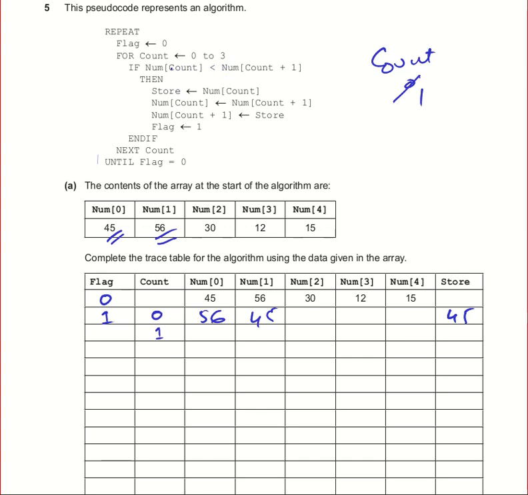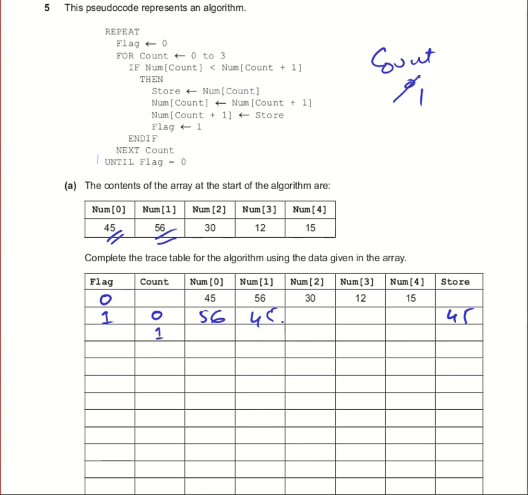It will continue, and if num count, which is 1, so the value stored at num 1 is being compared. So now it's 45 now. It's being compared with num count plus 1, which is num 2.